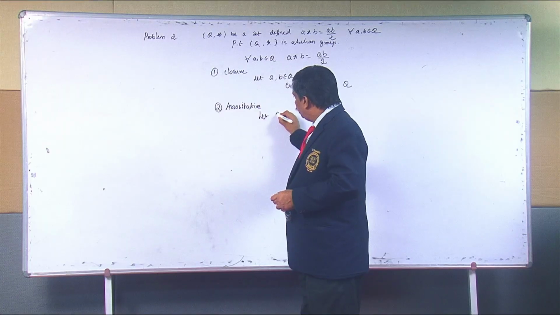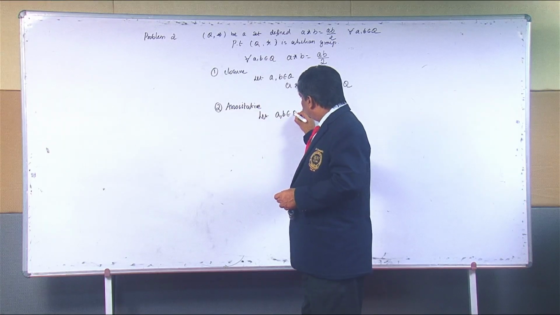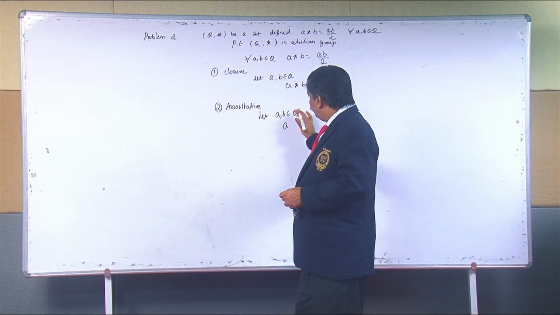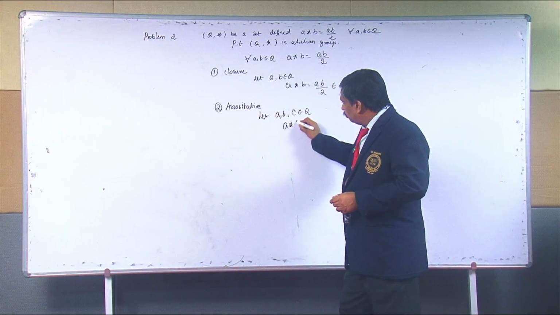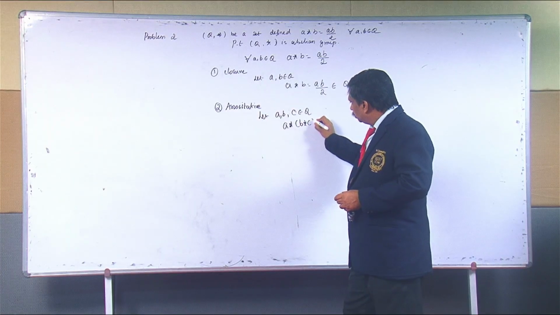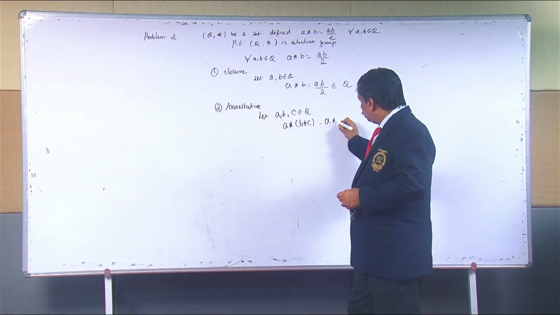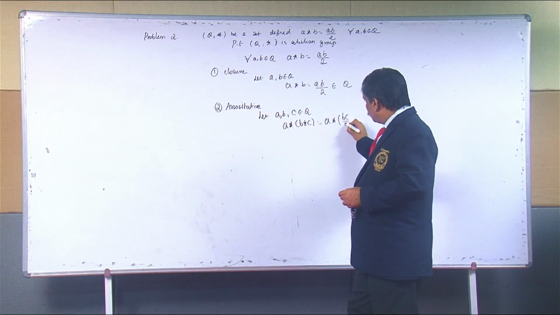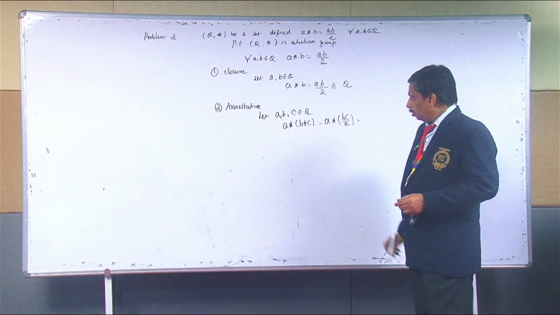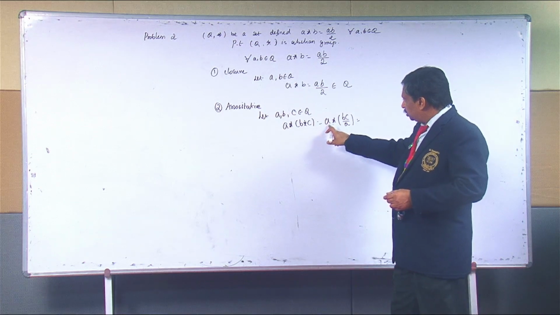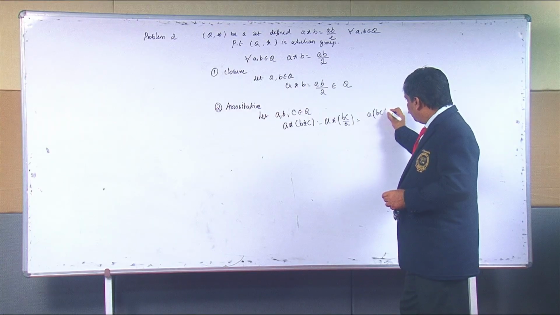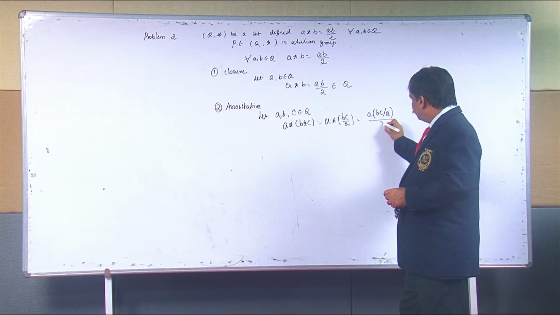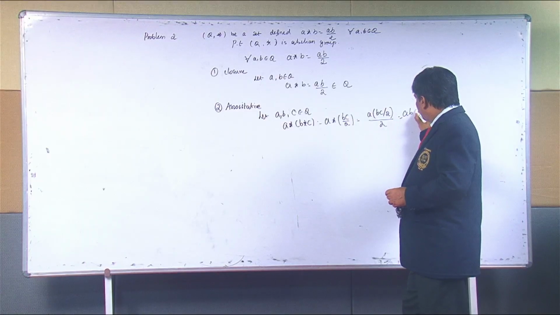Let a, b, c belong to Q. Now (a star b) star c... first a star (b star c) is a star bc by 2, which comes under the a star b model. So it is a times bc by 2 divided by 2, which is equal to abc by 4.